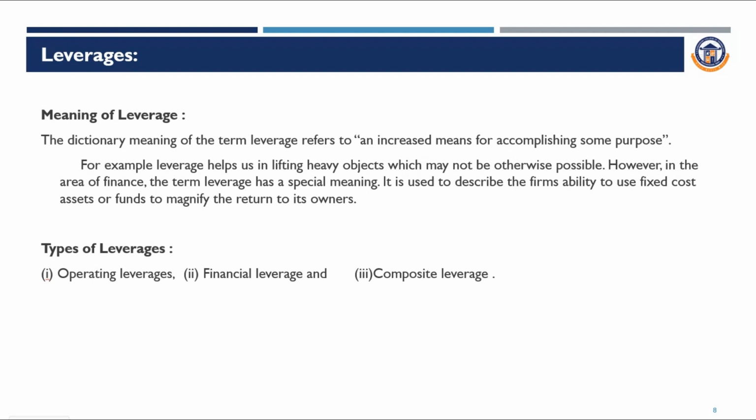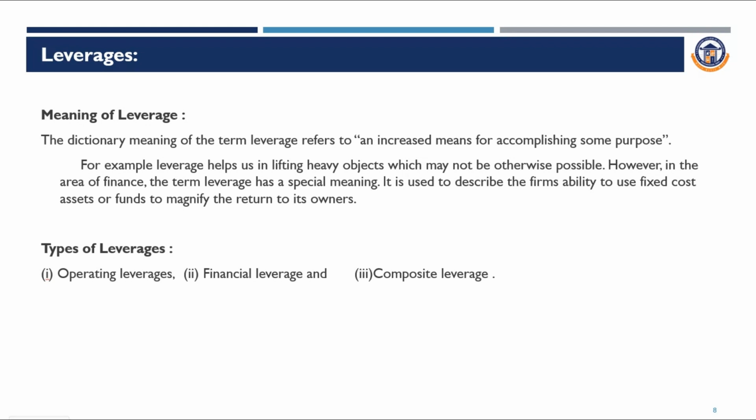Operating leverage may be defined as the tendency of operating profit to vary with sales. It means the firm has to pay fixed cost regardless of the volume of output or sales. The operating leverage consists of the amount of fixed cost, contribution margin, and volume of sales.